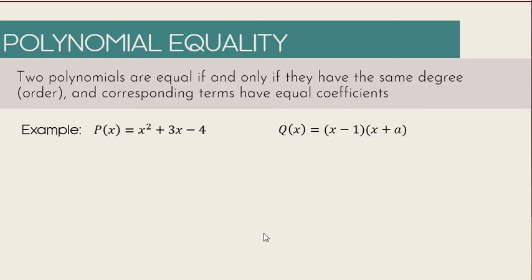So at first they look different, but in fact they can be transformed to be of the same standard form. After the simple multiplication that we have already learned in the previous lesson, we know that q(x) is equal to x squared plus (1 minus a)x plus a.